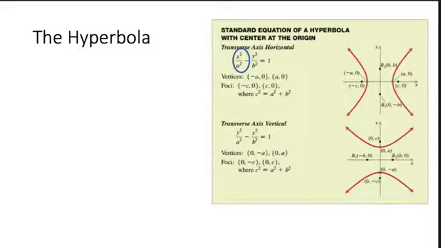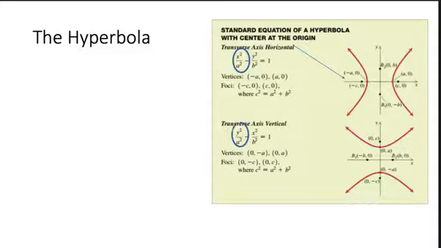The equation for a hyperbola is a difference between x squared over something and y squared over something. So if x squared is written first and the coefficient of y squared is negative, then we have a transverse axis that is horizontal. That means that when the center is at the origin, the x-axis is going through the vertices. So here, the transverse axis is horizontal.